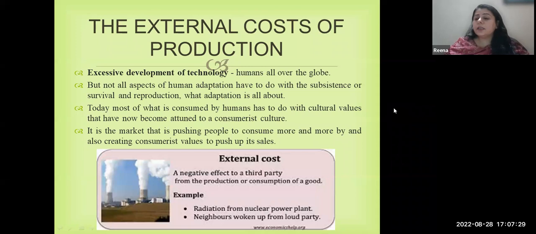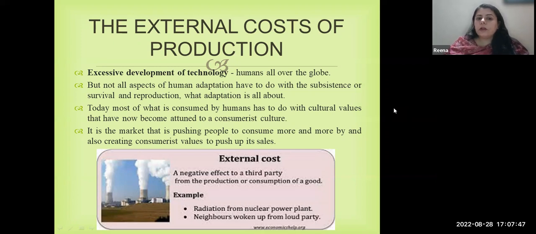Okay, so it is basically an external cost. External cost is mostly intangible, and most of the time it cannot be calculated in economic terms with that much clarity as non-external or internal cost.